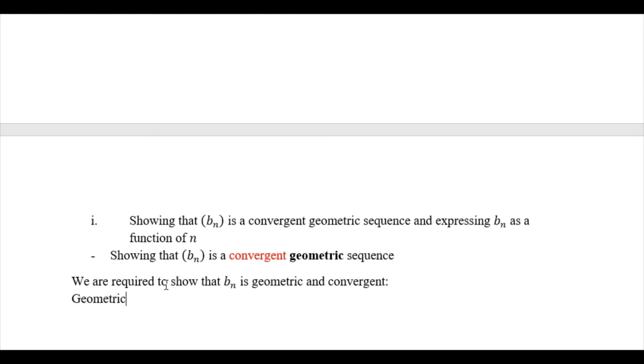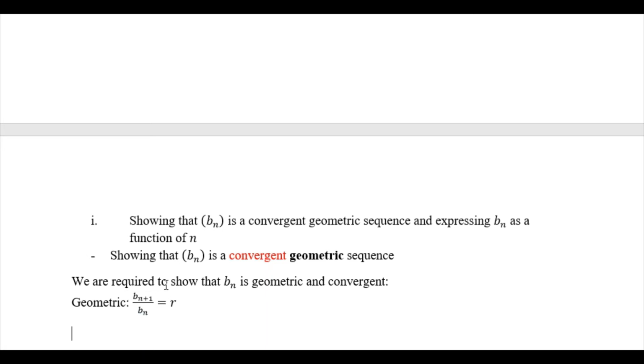For b_n to be geometric, we just need to show that the ratio between any two consecutive terms is a constant. So the ratio between b_(n+1) and b_n should be equal to a constant, and that constant is the common ratio.